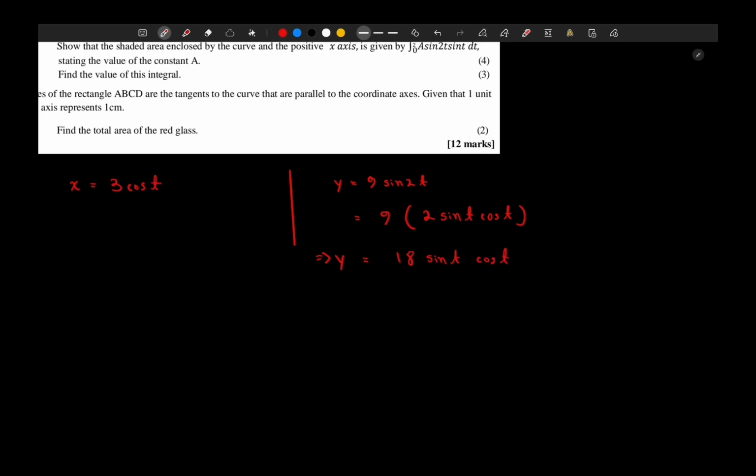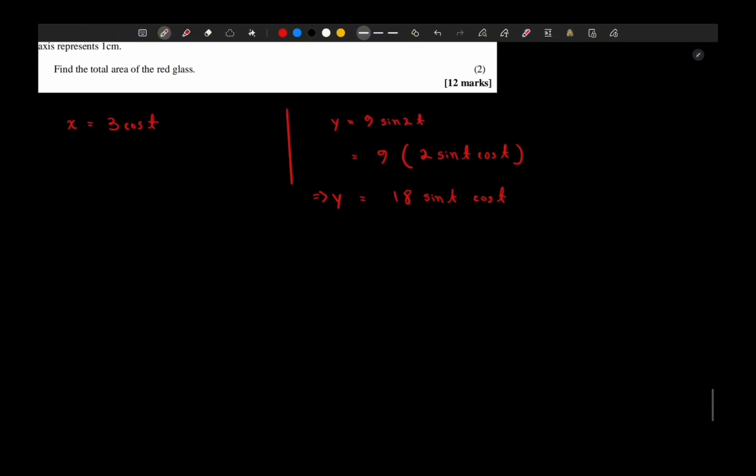Now we need to bring x into this equation. We know that x is equal to 3 cos t. If we make cos t the subject, we get x over 3. So that gives us 18 sin t times x over 3, which is equal to 6x times sin t.